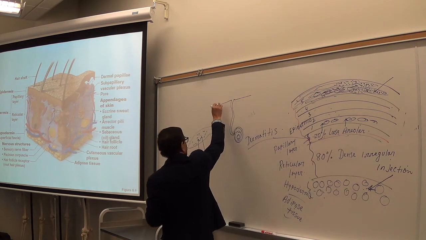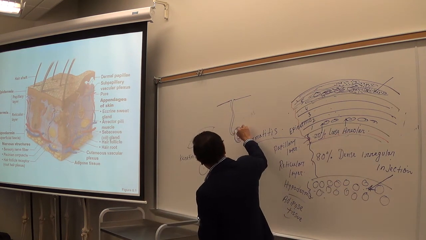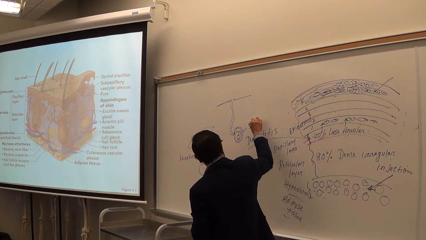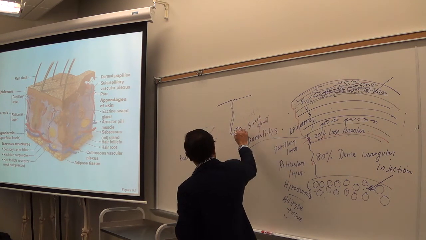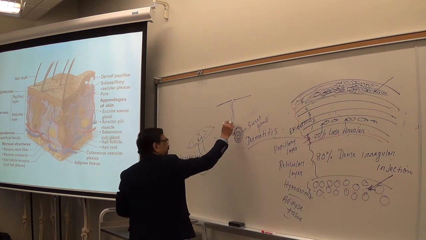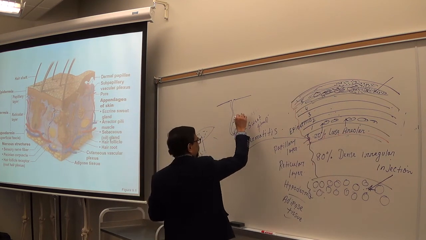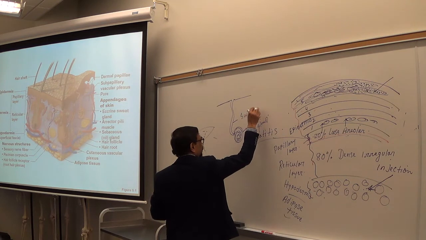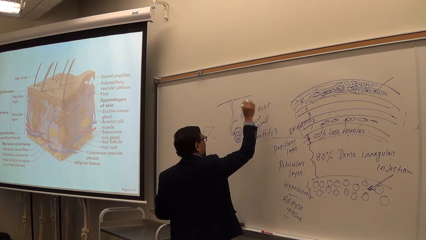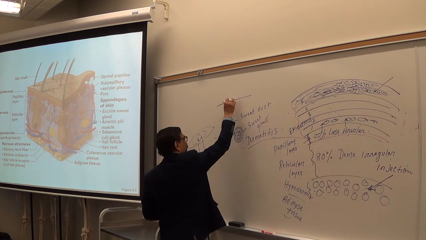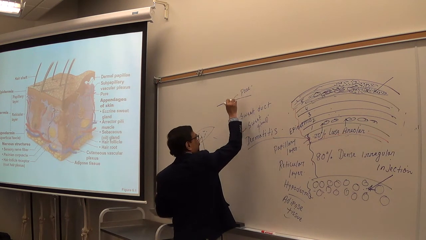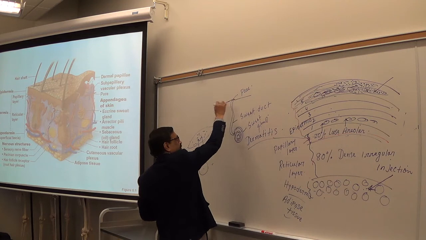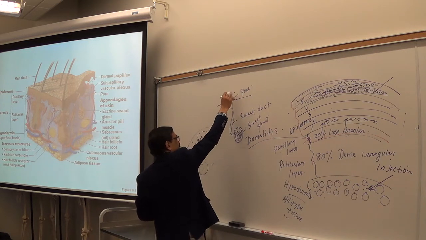So this is the skin surface. This is the sweat gland, like a coiled tube, and this is called the sweat duct. And this is the pore opening, the sweat pore, and this is the skin surface. So sweat gets out.